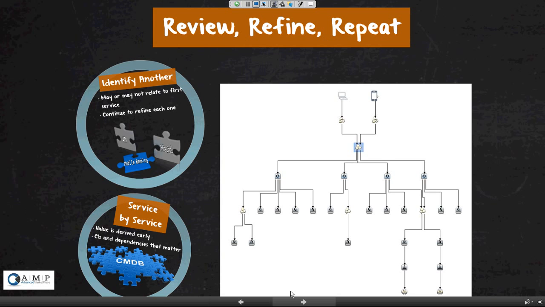So you may do ATM next, and it may have no parts that touch the CMDB or the service map that you just created. But that's okay, because if it's now delivering value that improves your ATM performance and gives the customer a better experience, you now have two services inside your CMDB that are having a positive impact on the business.